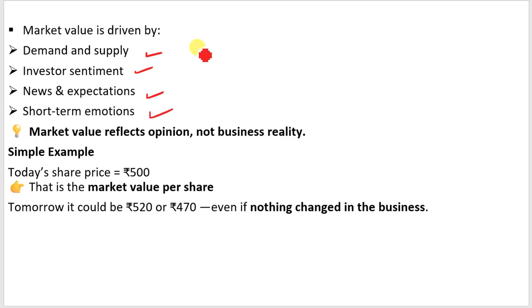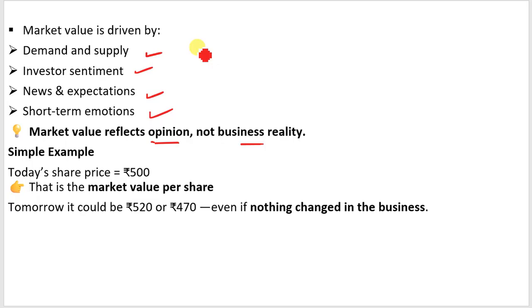It also depends on the economic condition of India, any press release, any new policy by the RBI and other government decisions, and expectations from shareholders. These are the reasons that drive market value. Market value reflects opinion, not business reality. It is not reality in business, but the opinion of the investors.